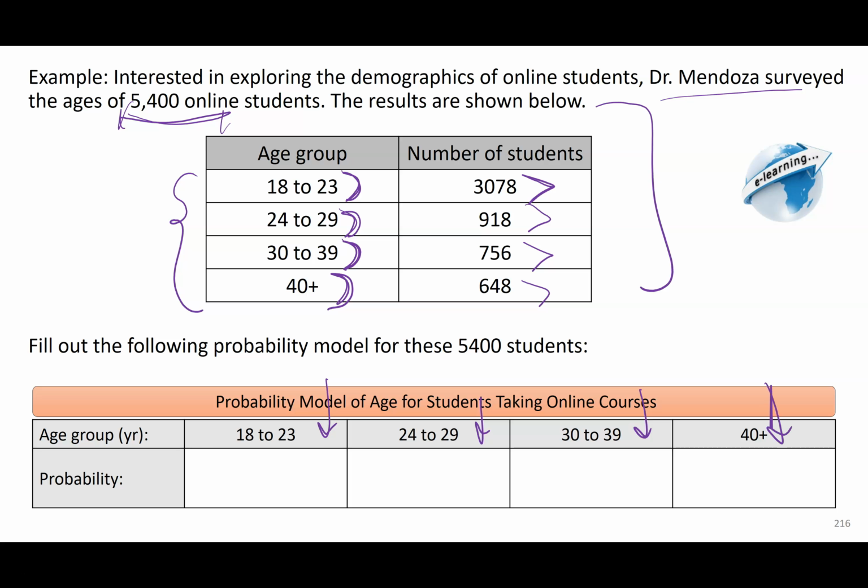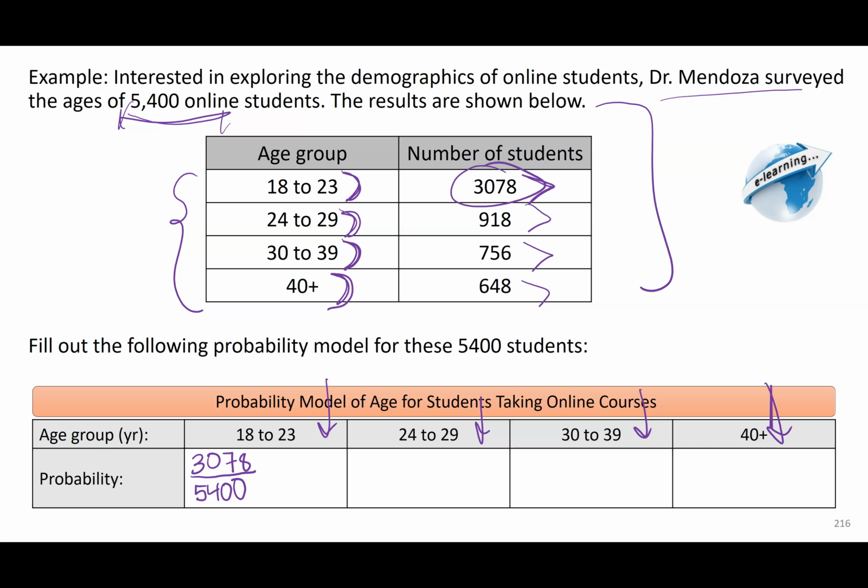So the probability comes down to, if I have these 5,400 online students and I randomly select one, what's the probability that I randomly select somebody that's in the 18 to 23 years old group? So I'm going to look at, well, I have 3,078 of them out of 5,400.